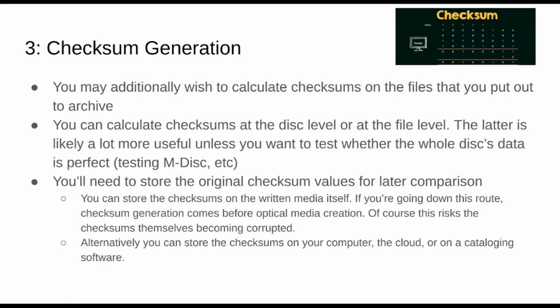So an additional step I mentioned in a few videos is generating checksums on the files that you want to archive. I don't think I'm going to be doing this for all my discs. I just did it for one MDisc so I could test out how well it really works. But the reason I'm not planning to do this for every disc is I feel like, what's the point?